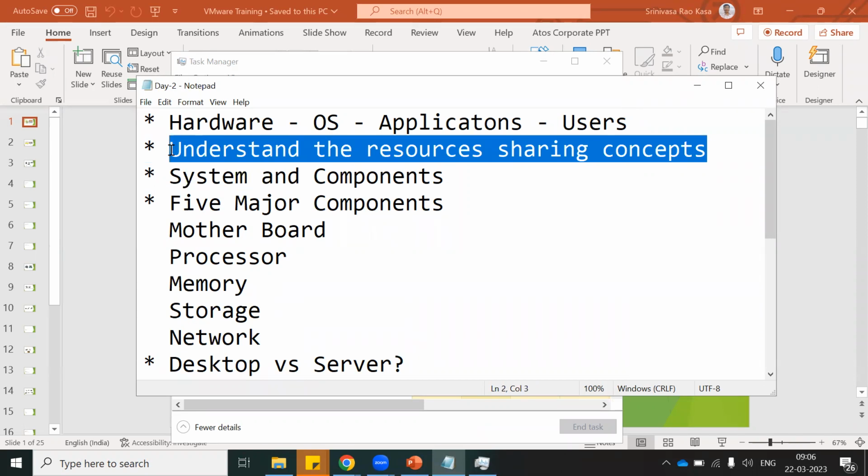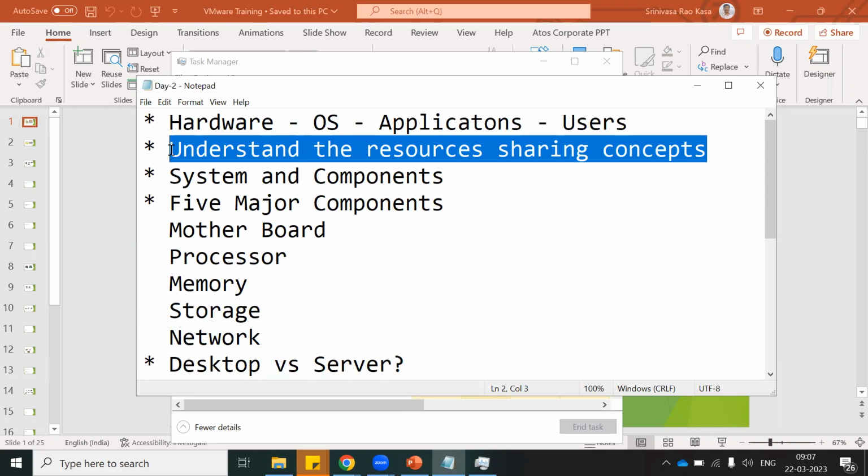If you consider an Android mobile or any mobile, you use different applications, Google Pay, PhonePe, and all those things. Each application consumes resources. How does it get the resources from Android OS or Apple OS, and from where does it get them? From the underlying hardware.